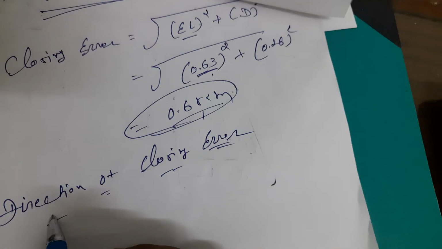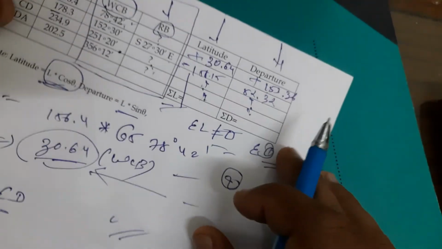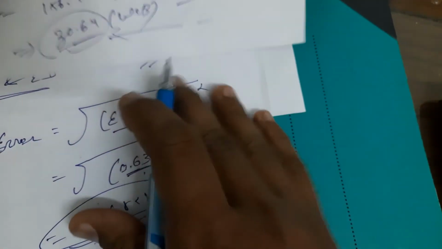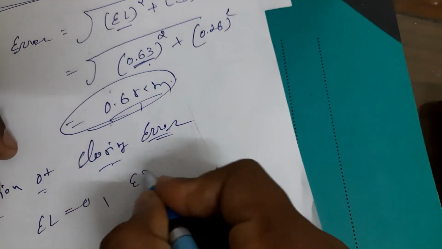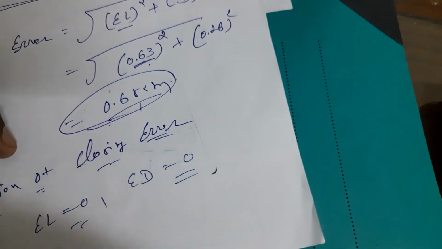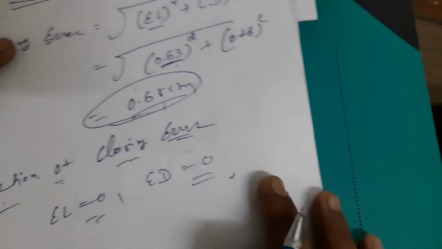For now, after finding sigma L, there is one case. If sigma L is equal to 0 and sigma D is equal to 0, then what does it mean? First we need to understand the meaning.